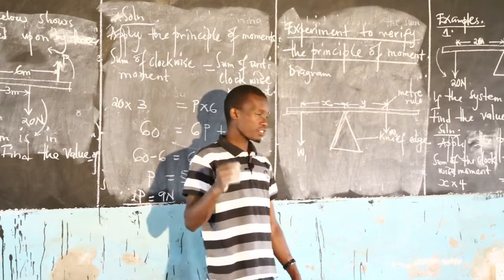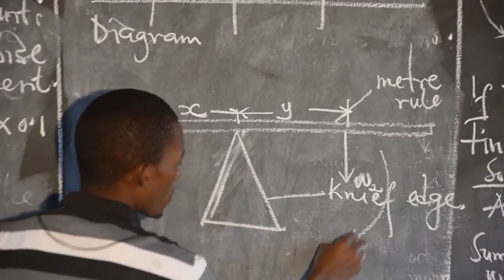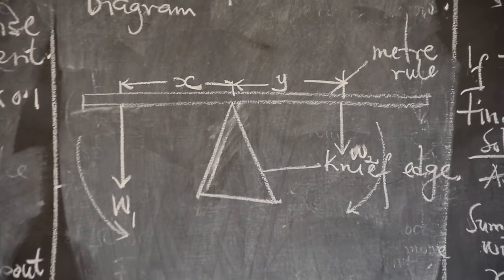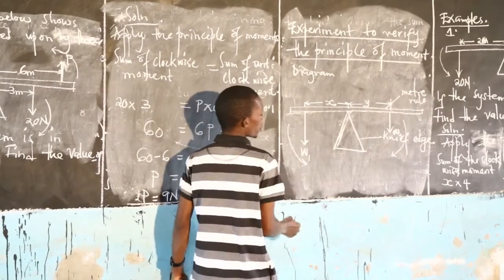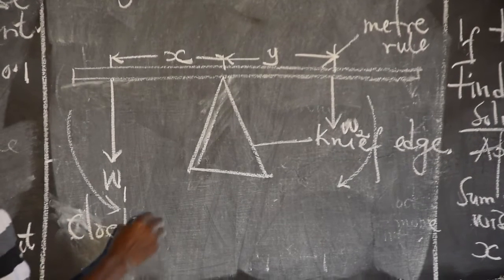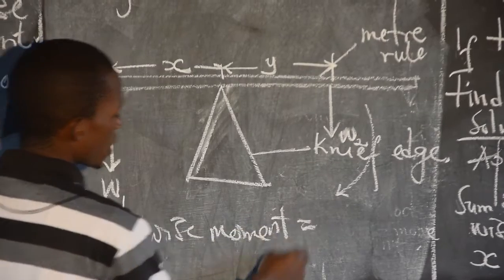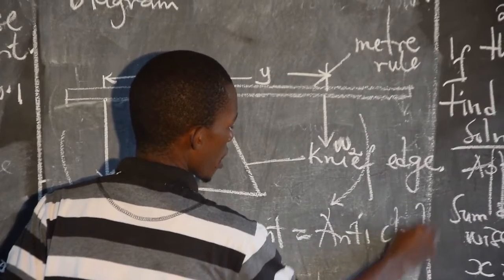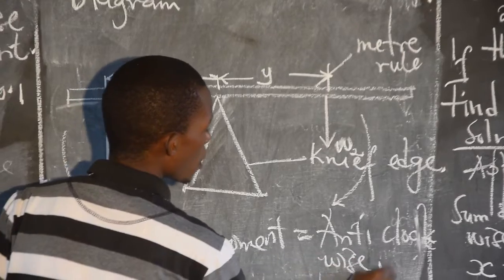From there, it is found that the sum of clockwise moments is equal to the sum of anti-clockwise moments.